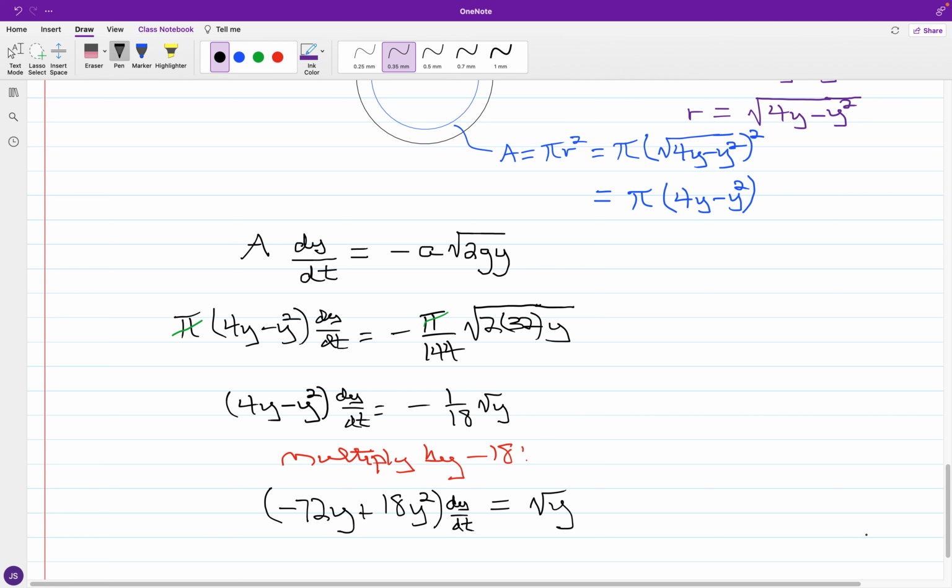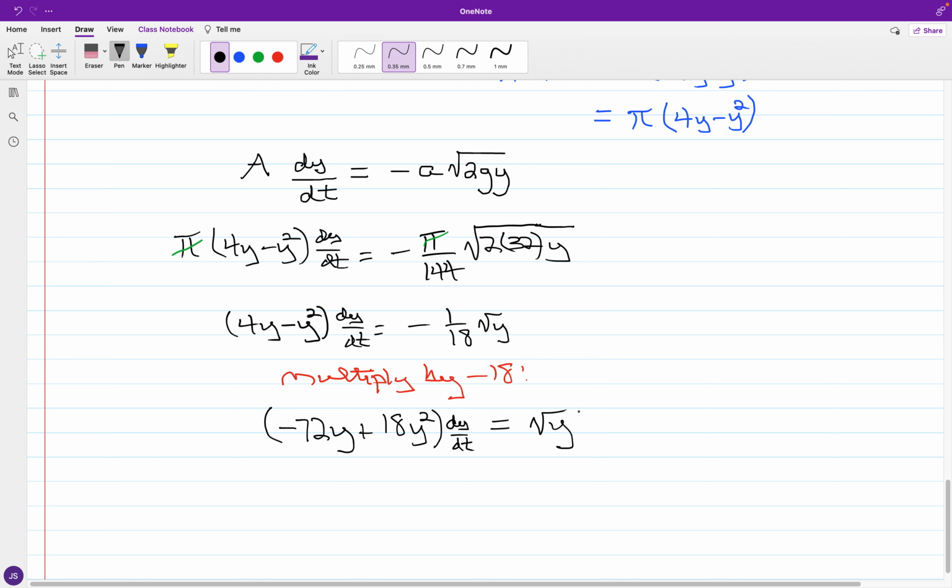Negative 72y to the first divided by y to the 1/2 leaves negative 72 times y to the 1/2. And 18y squared divided by y to the 1/2 is y to the 2 minus 1/2, so we're going to have 18y to the 3/2. So we have this portion dy, equal to dt.